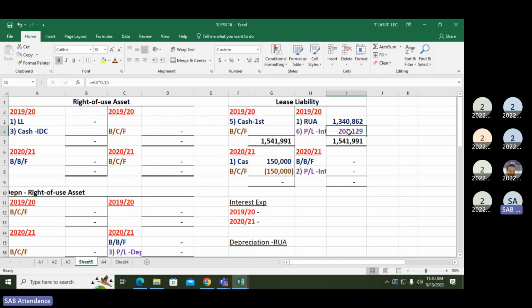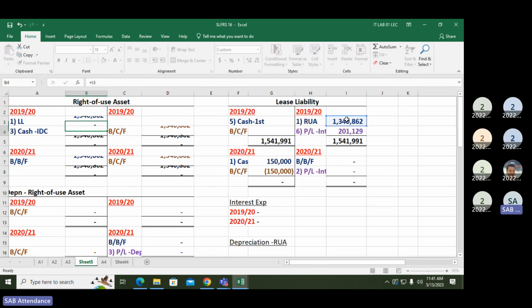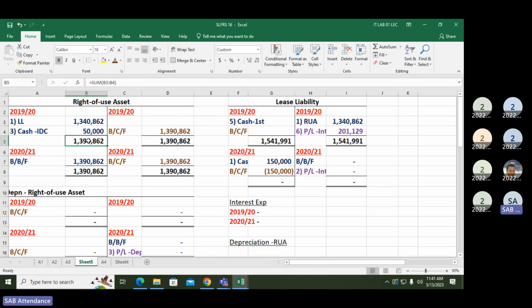This much, 1 million 340,000. Debit right of use asset. Initial direct cost 50,000, so I am adding that. That is the right of use asset balance carried forward.